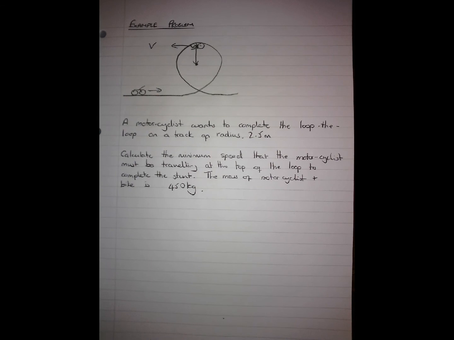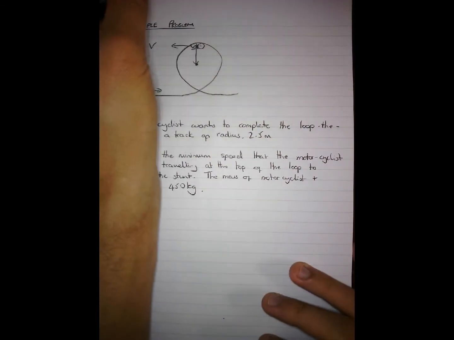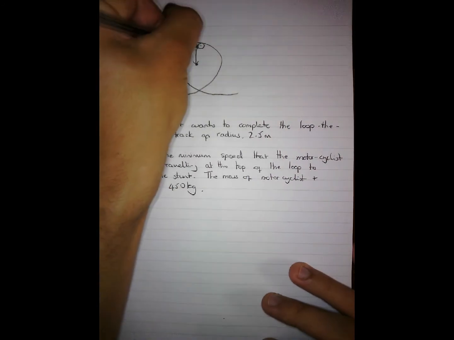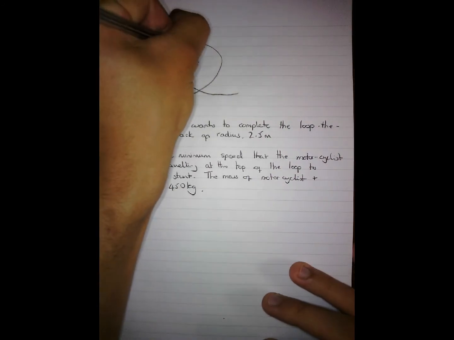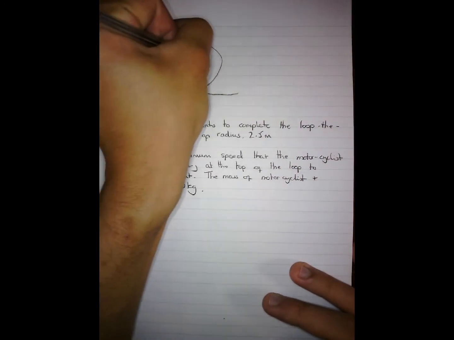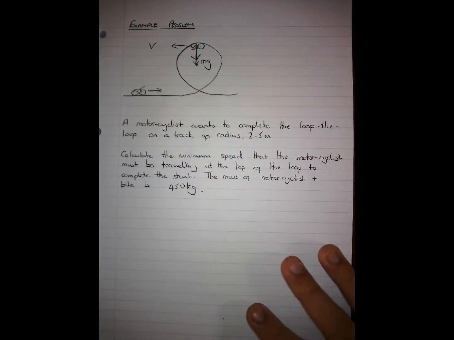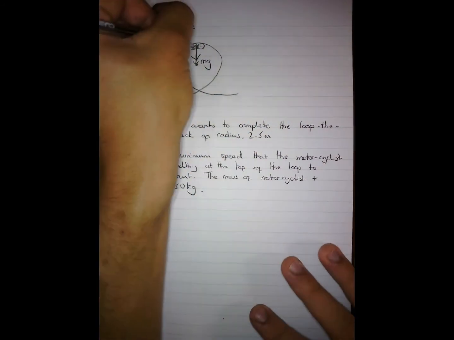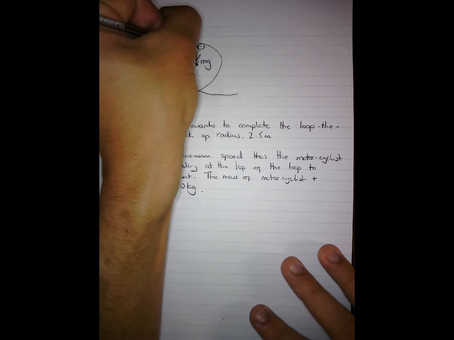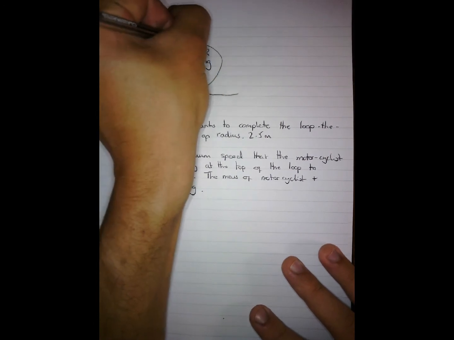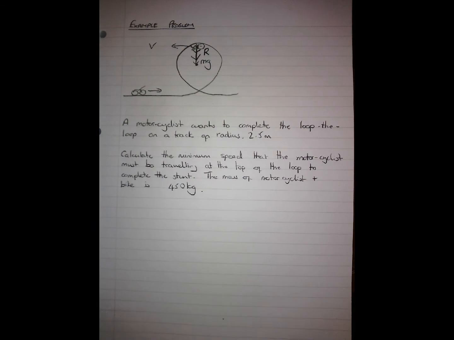Okay, so let's have a look at this then. At the top of the loop, let's try and label the forces. What forces are acting here? Well, first of all, we've got the weight of the motorcyclist going down, as it usually does, and we've got one other force. That force is also acting down towards the centre of the circle, and this is our reaction force acting towards the centre of the circle.